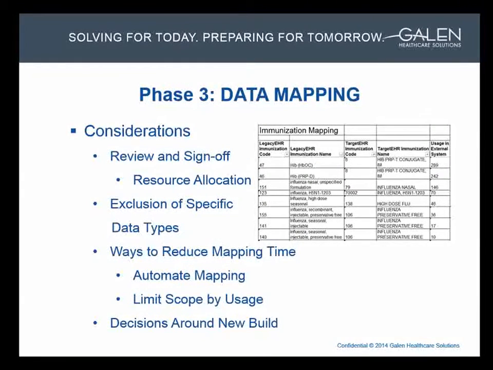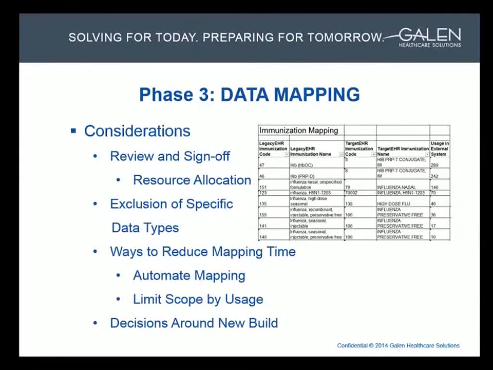I have also been involved in multiple conversions where certain scan types are used for miscellaneous or non-clinical scan documentation. The clients made decisions not to convert those since they weren't needed in the new system. Once the client has made a decision to exclude certain data elements or specific records, our tech analyst can easily remove this data from being converted.